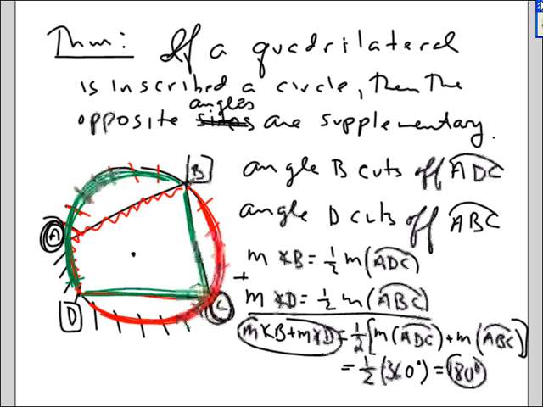Once you find out that angle B plus D or angle A plus C add up to 180 degrees, you say, oh, you mean they're supplementary? That is the definition of supplementary. Any four-sided figure inscribed in a circle, opposite angles, 180 degrees.